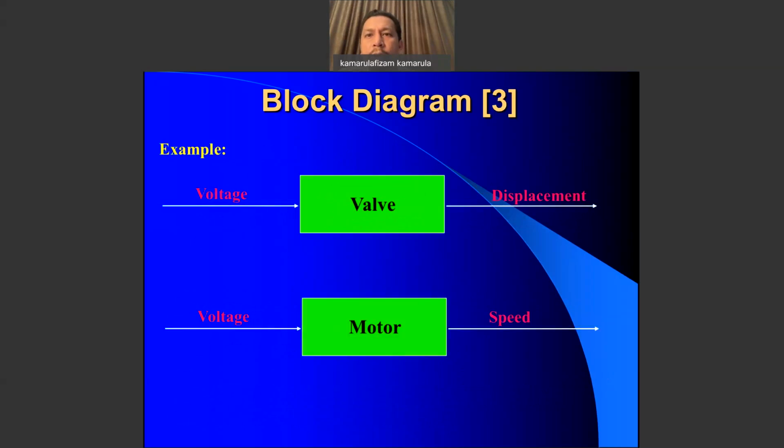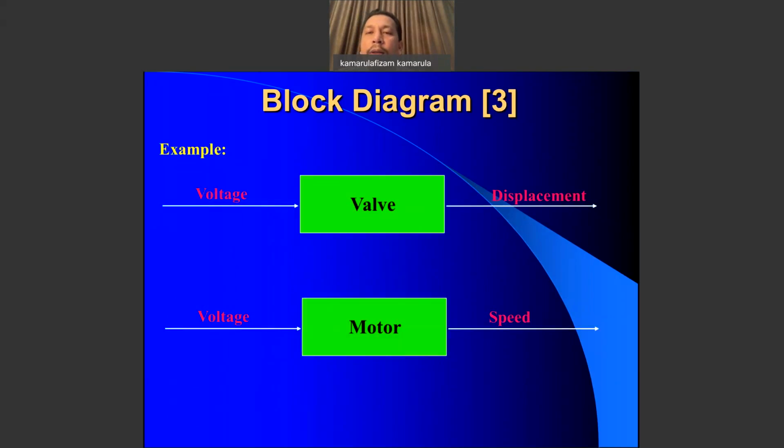For example, here we have two green boxes. The first green box is a subcomponent of a subsystem called a valve. The valve receives an input signal in terms of voltage, how many volts, and then produces output in the form of displacement information.